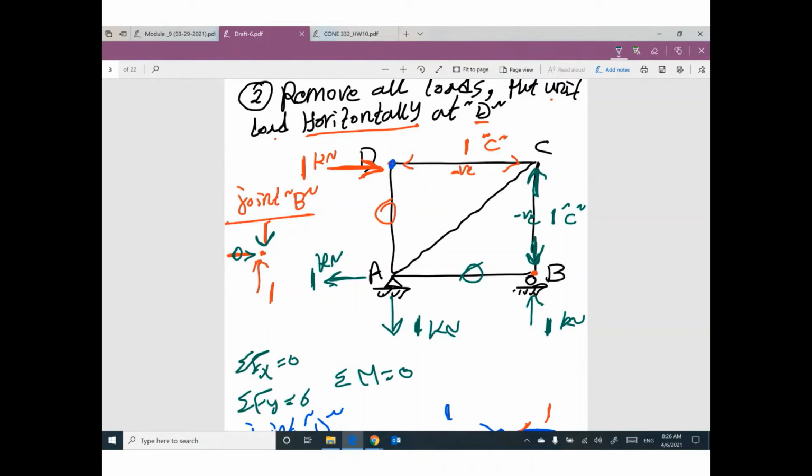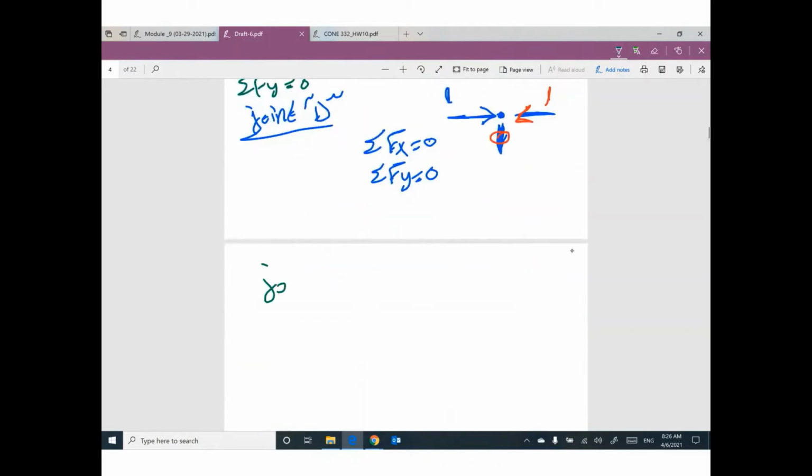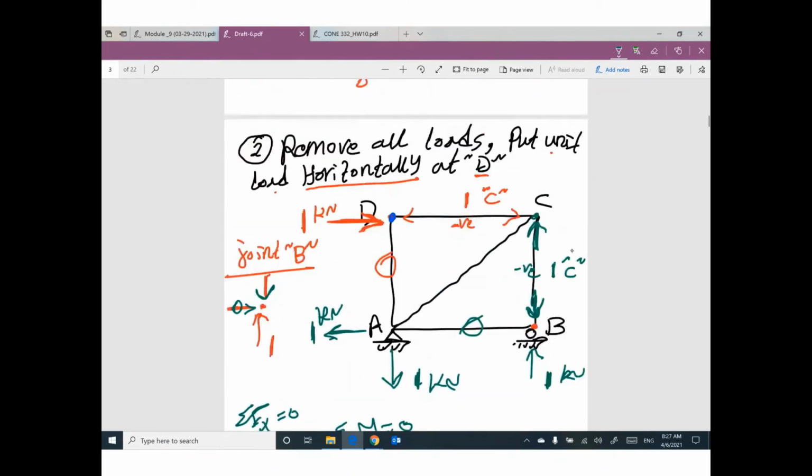Then, if you consider joint C, for example, we have horizontal force here 1, we have vertical force here 1, and we have inclined force here, F AC. That makes sense for this joint.